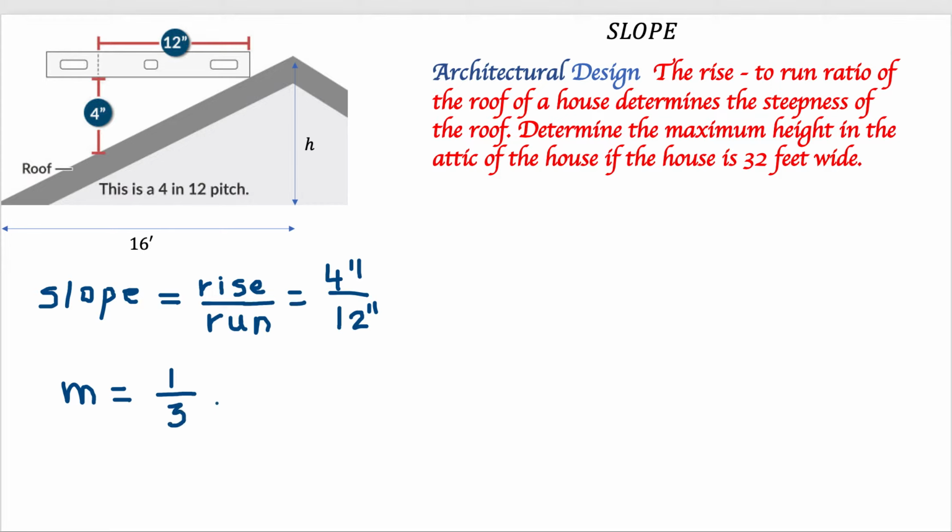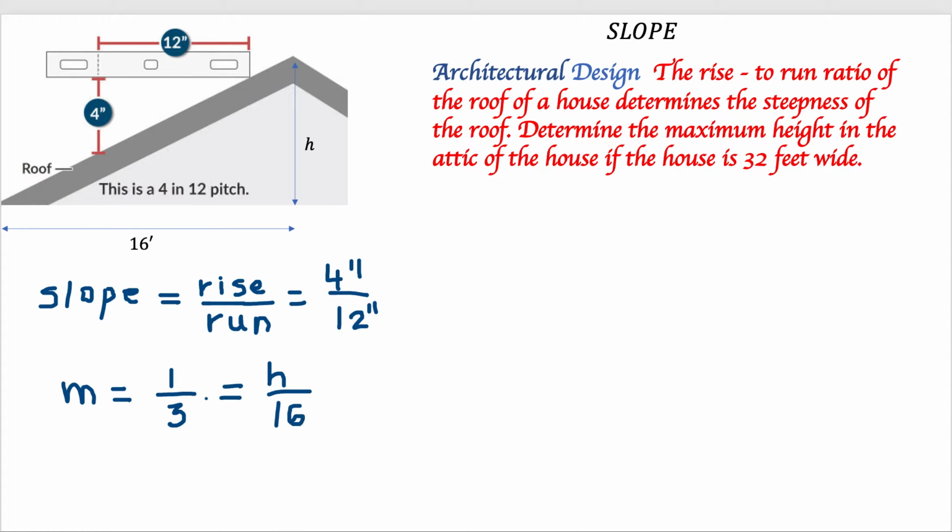If we now want to find the slope from this ratio, h over 16, then this is equal to the slope. So we can write 1/3 is equal to h divided by 16 feet, where h is the rise and the run is 16 feet.